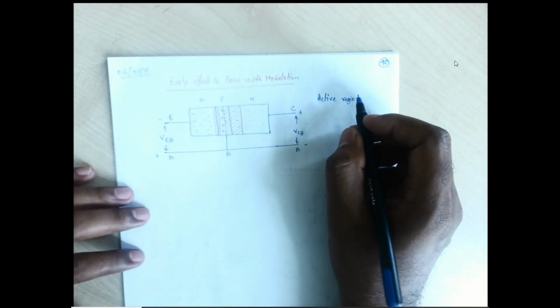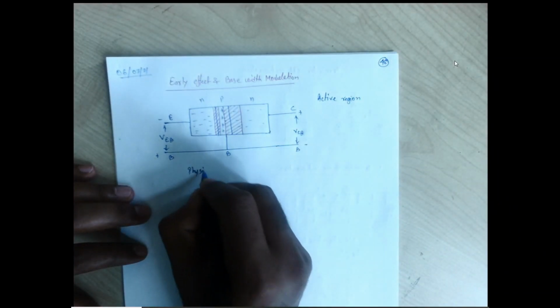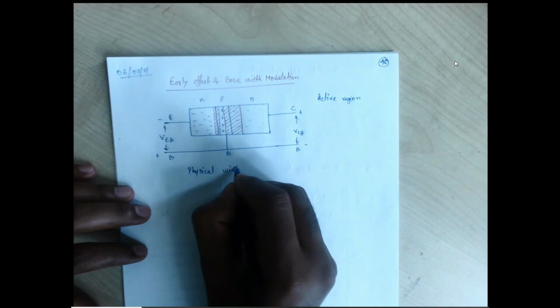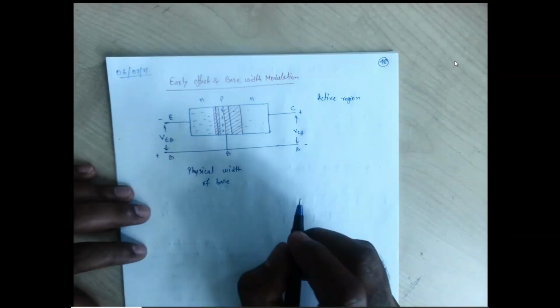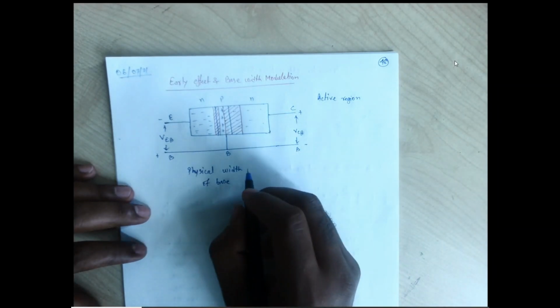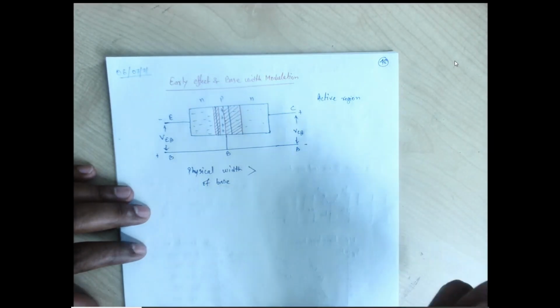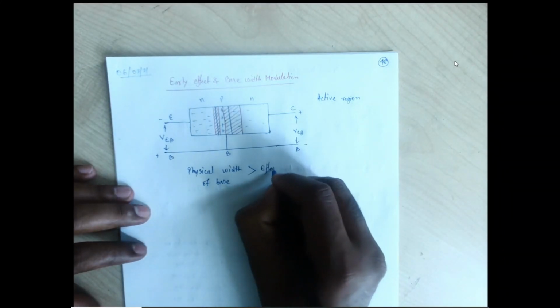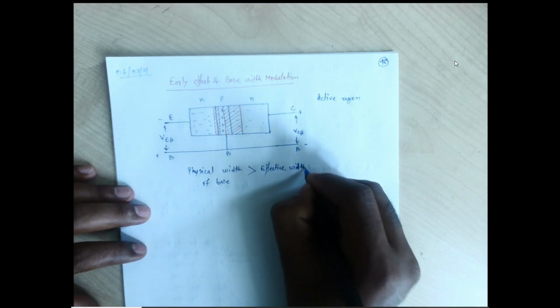So compared to the physical width of the base, the effective width is smaller. The physical width is quite greater than the effective width of the base.